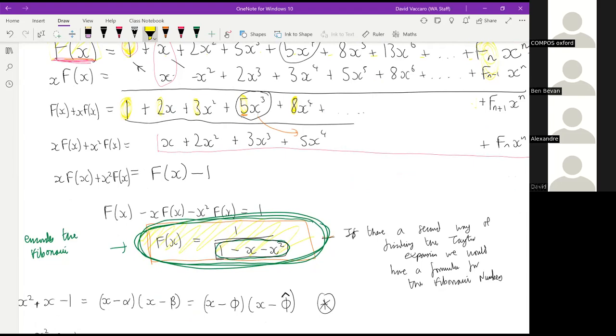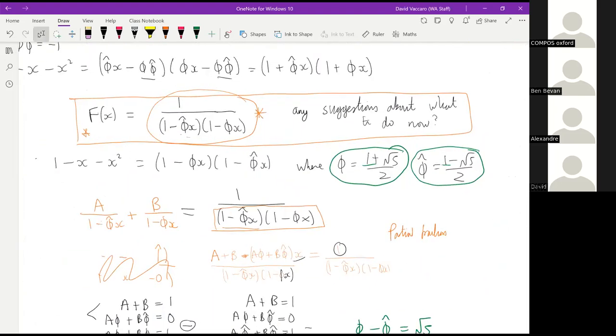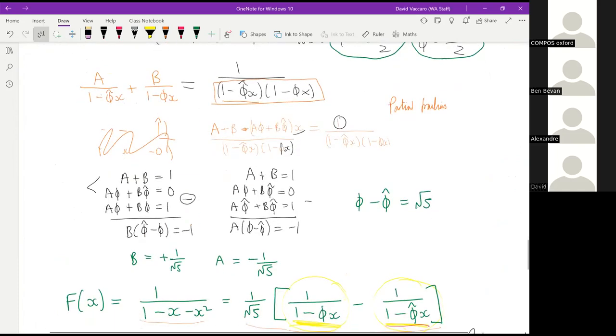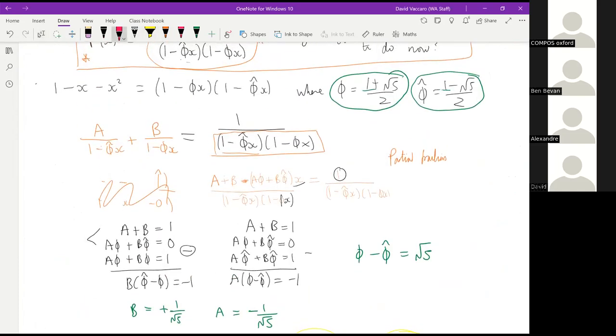I then factorized the quadratic and used a little bit of partial fractions to write that, rather than the reciprocal of a quadratic, as the sum of the reciprocals of two linear brackets, using a method that you will meet called partial fractions.